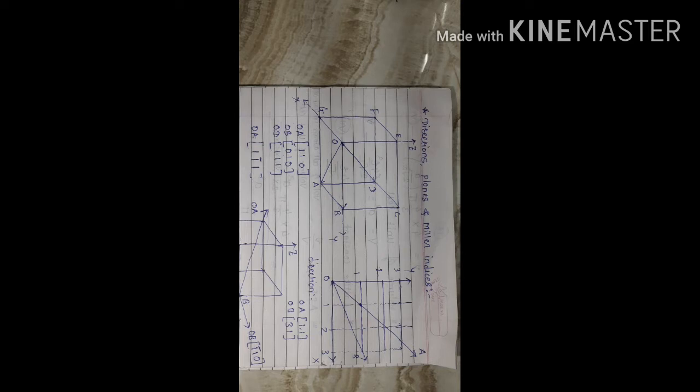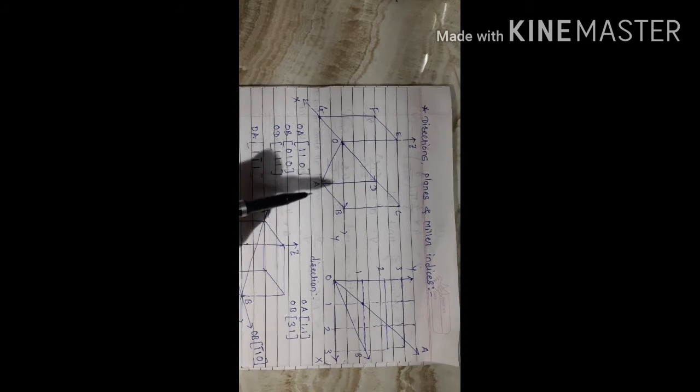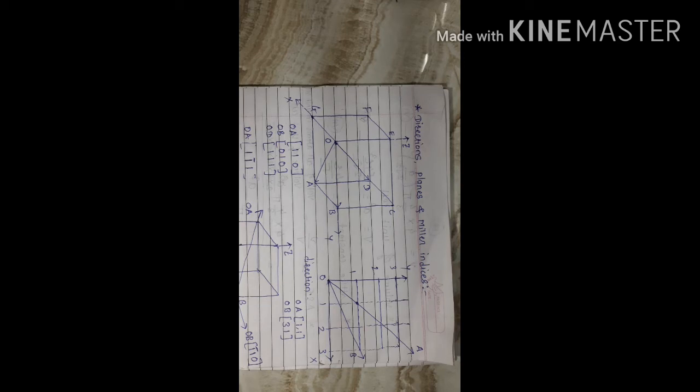In this diagram there are some faces and corners. Suppose this is A and this is B, or this C, D, E, F and G, these are the corners of this cube, and we want to find out the position of B or the position of A.